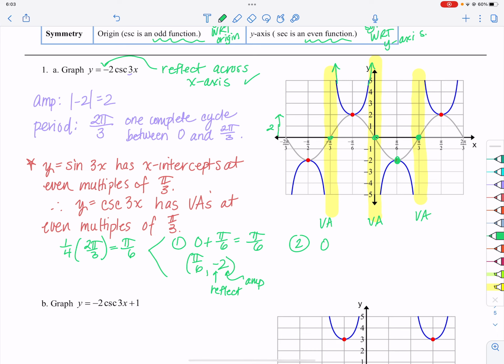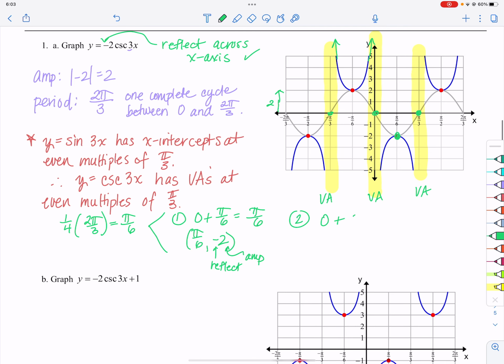We'll have 0 plus 2 pi over 6's, and that's equal to pi over 3. And that generates a point, as you can see, that is at a vertical asymptote.